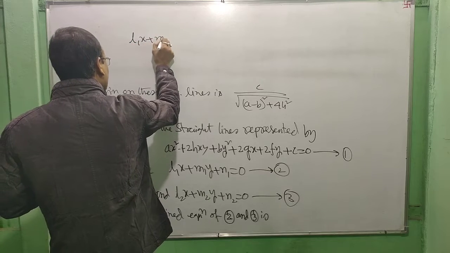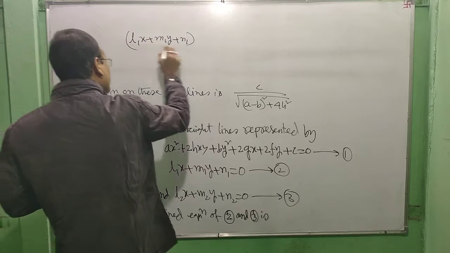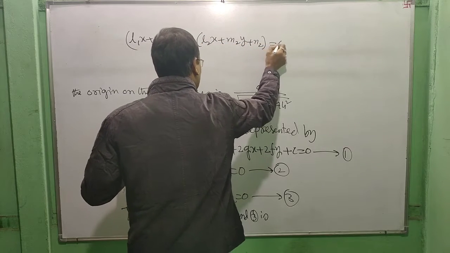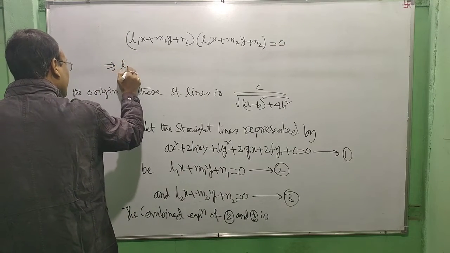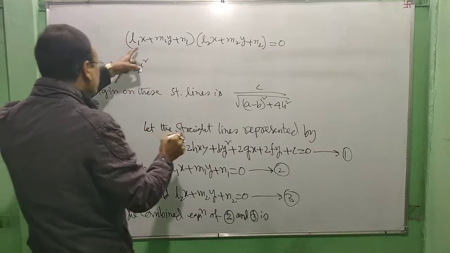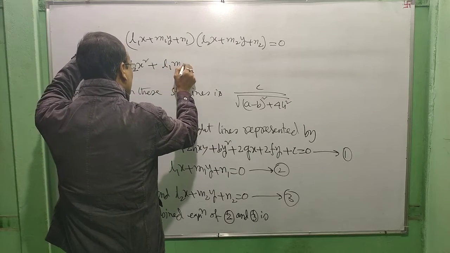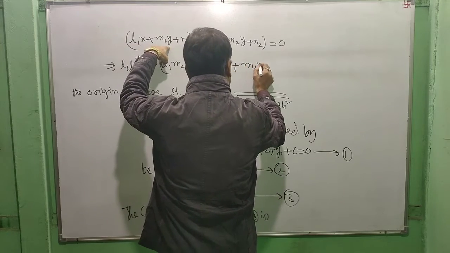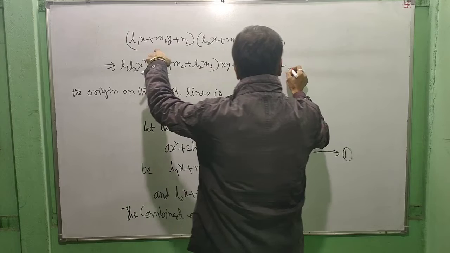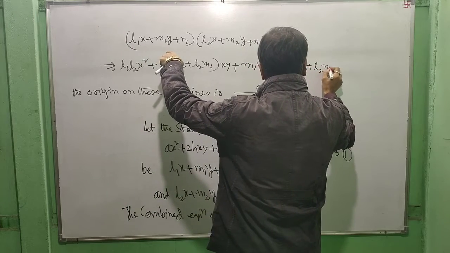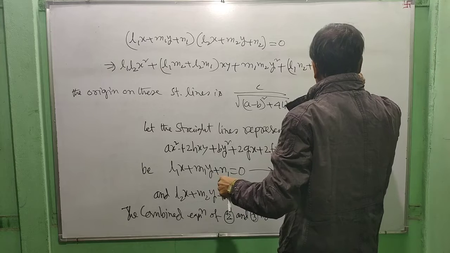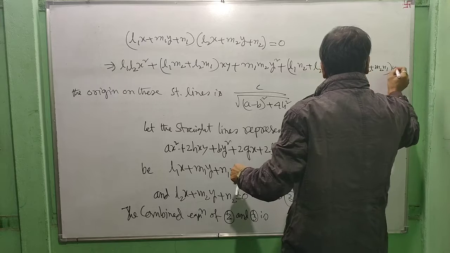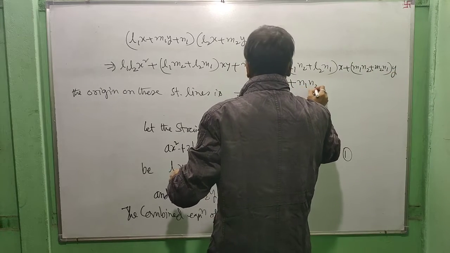L1x plus M1y plus N1 into L2x plus M2y plus N2, this is equal to 0. This implies L1 L2 x square plus L1 M2 plus L2 M1 xy plus M1 M2 y square plus L1 N2 plus L2 N1 x plus M1 N2 plus M2 N1 y plus N1 N2, this is equal to 0.